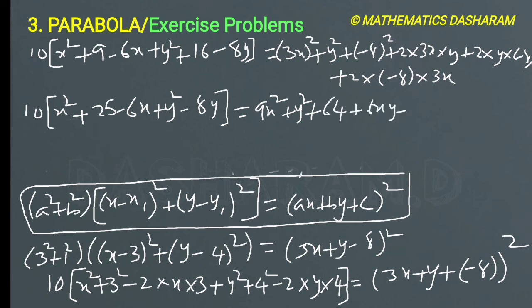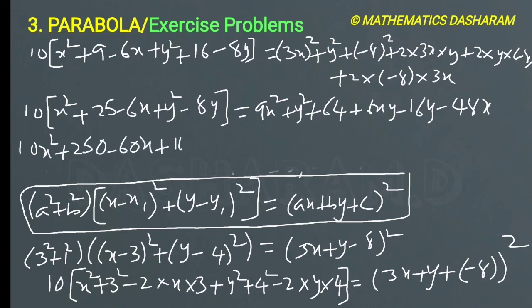Next minus 2 into minus 8 is minus 16y, 2 into minus 8 is minus 16 into 3, so minus 48x. Now multiply 10 inside, 10x square plus 250 minus 60x plus 10y square minus 80y.